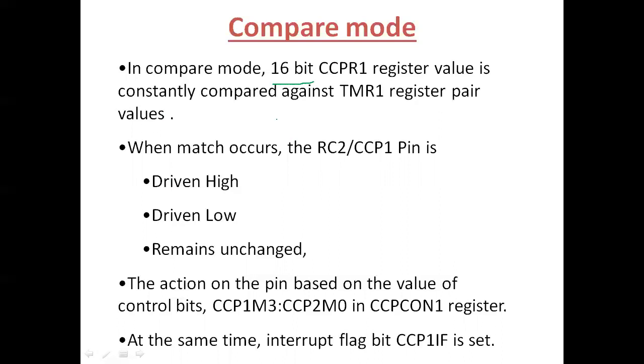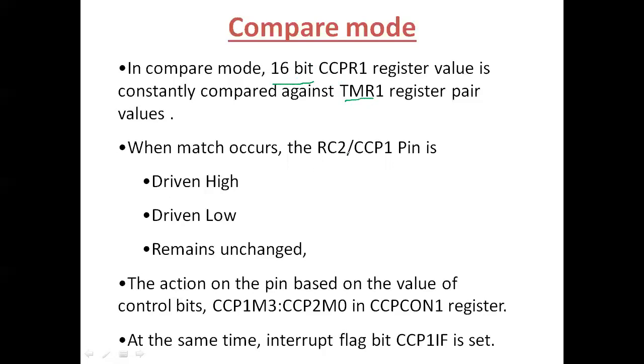Only when Timer 1 is running can you make use of the features of a CCP module. Otherwise it is not going to work. So the 16-bit CCP register value is always compared with the Timer 1 register.